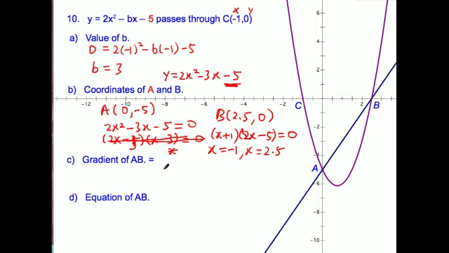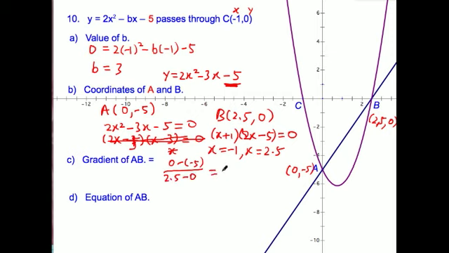Next, we want to find the gradient of AB. Since we have already found the coordinates of B, which is 2.5, 0, and A, which is 0, minus 5, then to find the gradient, we take the difference in y, which is 0 minus 5, over difference in x, which is 2.5 minus 0.